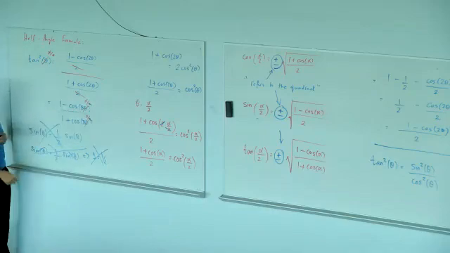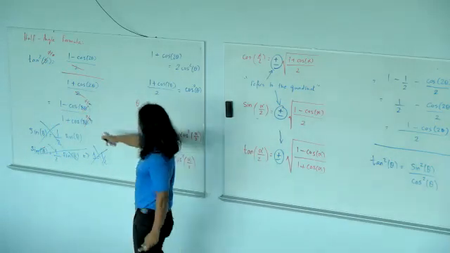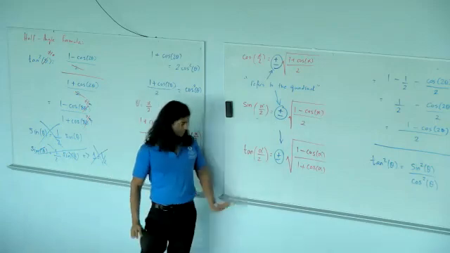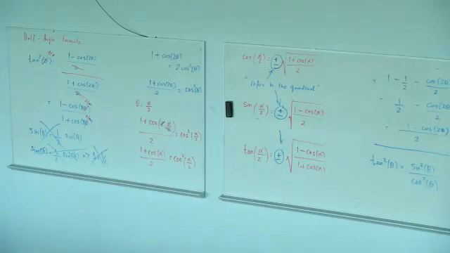Cosine alpha right there. But that equals tangent squared alpha over 2. Take the square root on both sides. You get the square root of whatever answer that you had on the right hand side. Agreed? Okay. Doesn't matter which approach you take, as long as you understand.